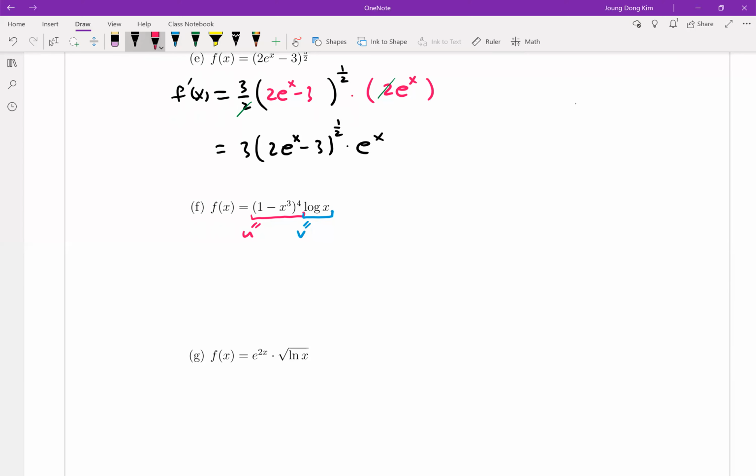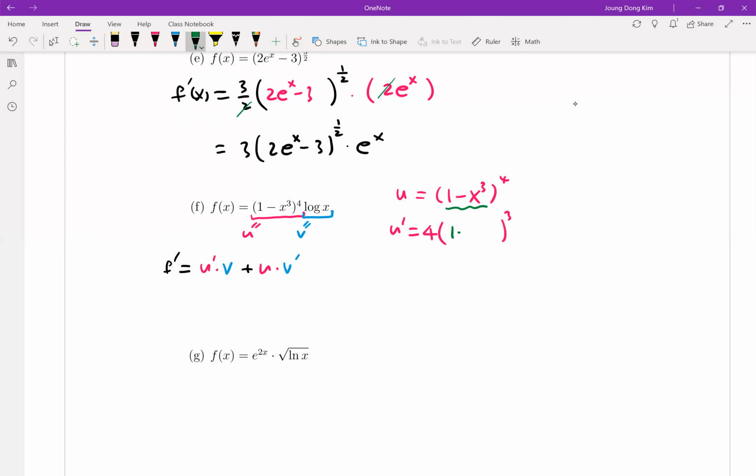Now let's do the puzzle. Your f prime must be equal to the first one prime times the second function plus the first one times the second prime. Now let's find all the pieces. My first piece is (1 minus x cubed) to the 4. Then u prime is definitely a chain: outside function prime, and keep in mind we have an inside function.